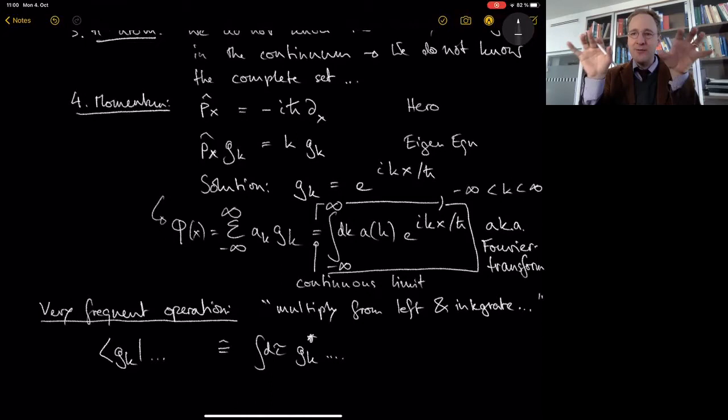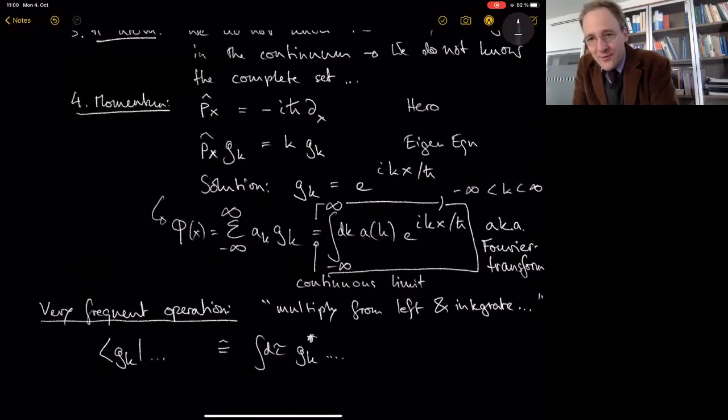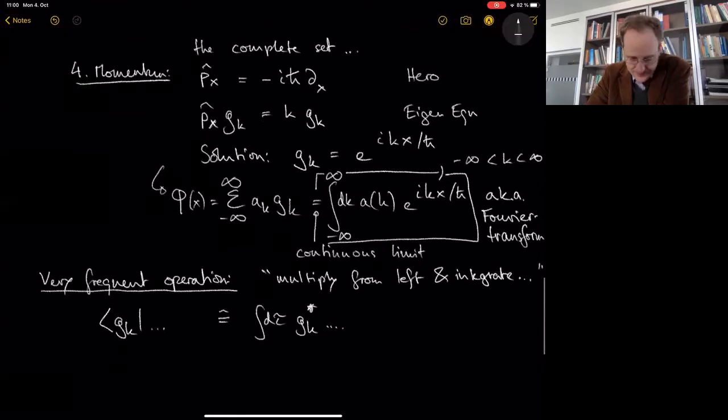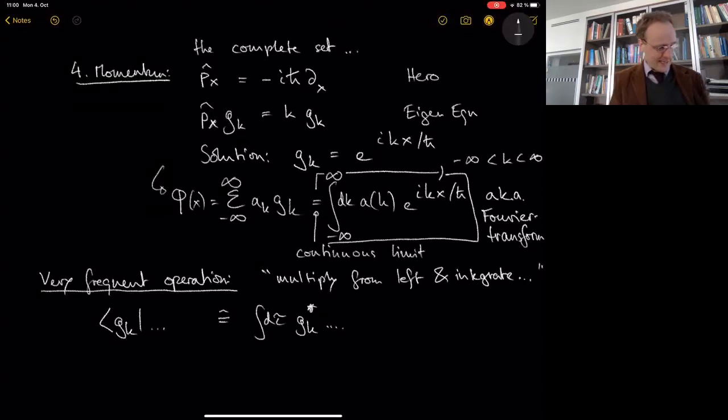You should have seen this already in other courses, and we will see this also later in the perturbation theory. We make use of this, that we come from the left with the complex conjugate and we integrate. Okay, so why am I saying this here?